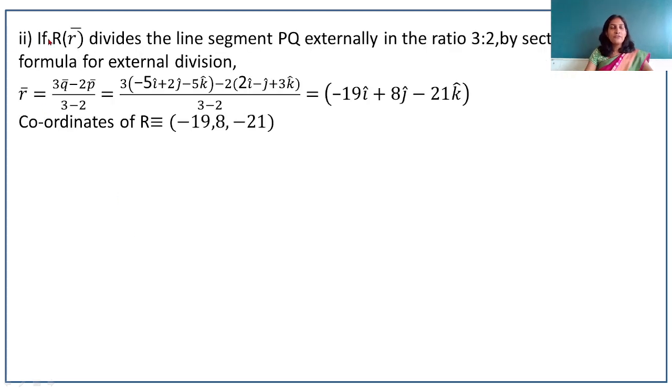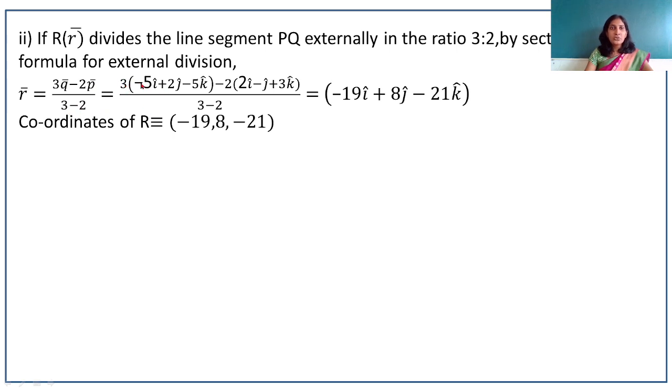Now second, externally: if R bar divides the line segment PQ externally in the ratio 3:2, what is the difference? Just change the middle sign, plus to minus. That is R bar is equal to (3Q bar minus 2P bar) divided by 3 minus 2.